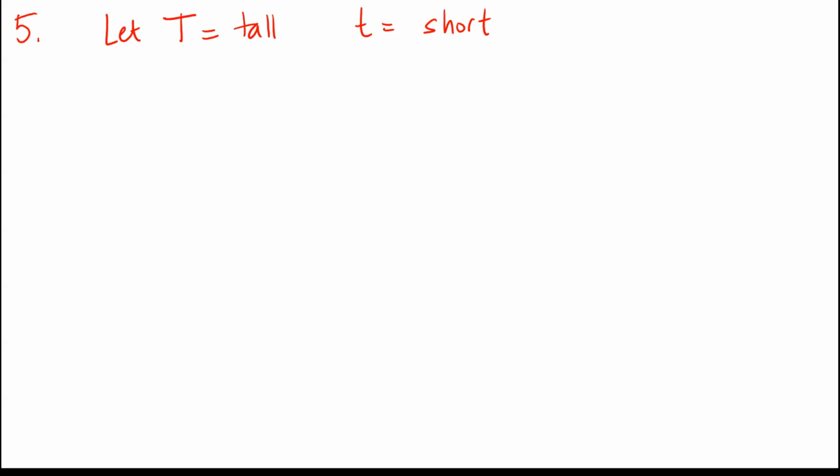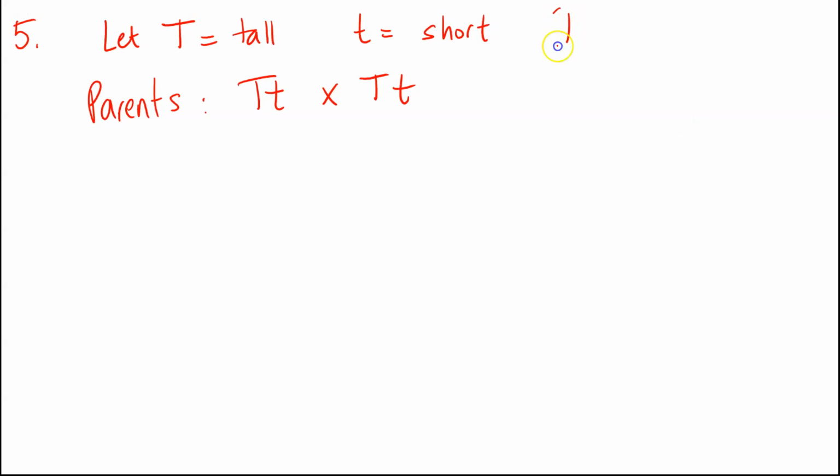Okay, so both parents we're saying that they're heterozygous. So it's big T, little t times big T, little t. Because we're talking about height here. Height of plant, okay? And we do the Punnett square, big T, little t, big T, little t.